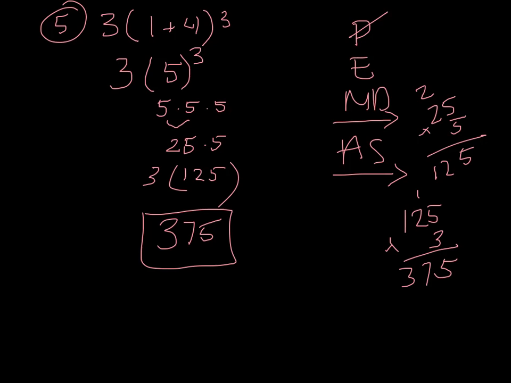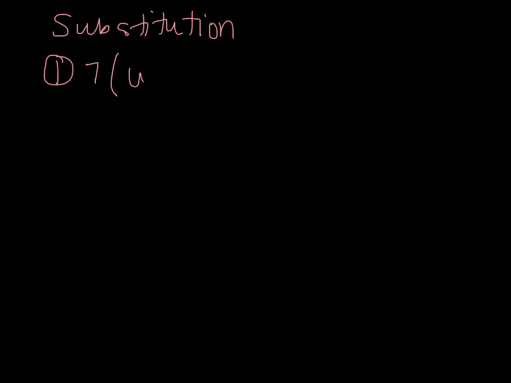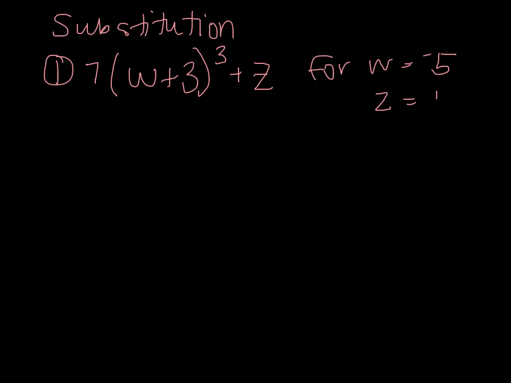All right, now we're going to go on to something new called substitution. And substitution, we have done this before. An example of this one would be 7 times the quantity of W plus 3 cubed plus Z. I better put a line so I know it's a Z and not a 2. Okay, 4 W equals negative 5 and Z equals 6.